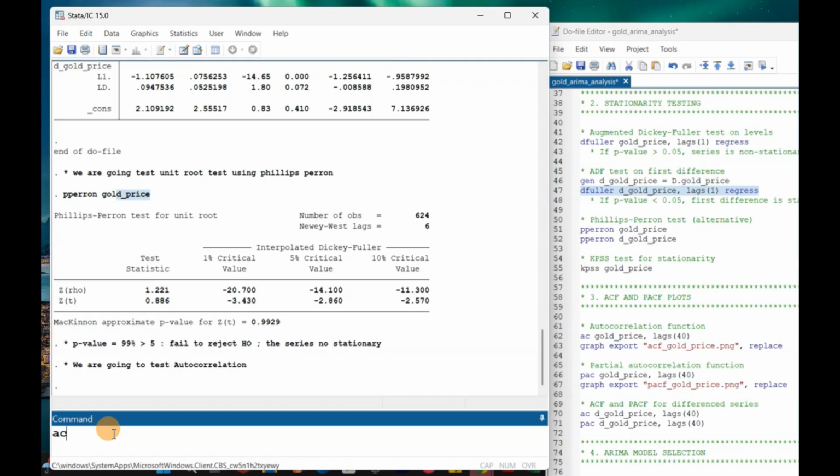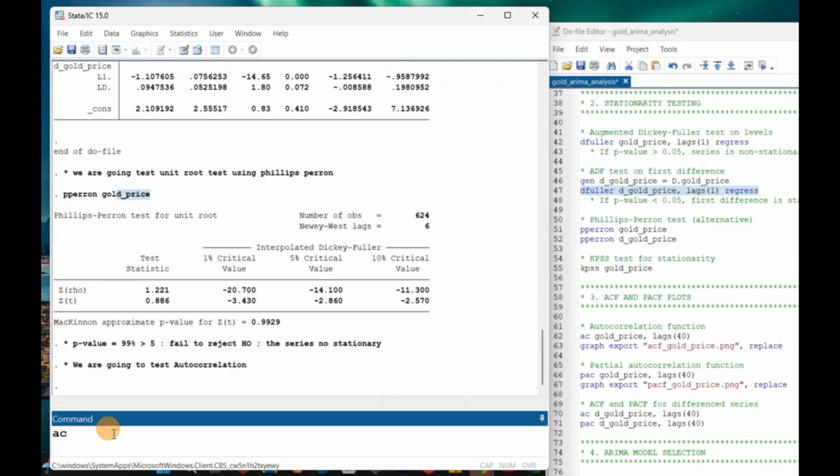Now, let us test the different ARIMA models. We are going to test different ARIMA. It's a repetition. If you are lost, because you are looking at the board as well, and you want to run the commands, let me help you.